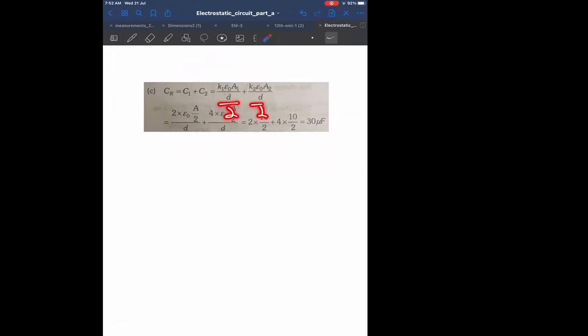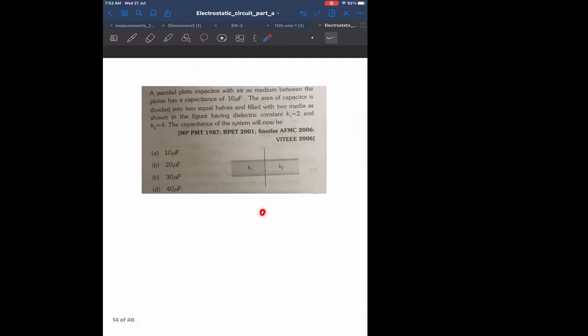Yes, sir. Now can I say the distance will remain the same, whatever d is there? The plates will get half in area. On what basis will the distance get half? Tell me. The distance will remain the same, that is divided into 2 equal halves, so the area will get A by 2.